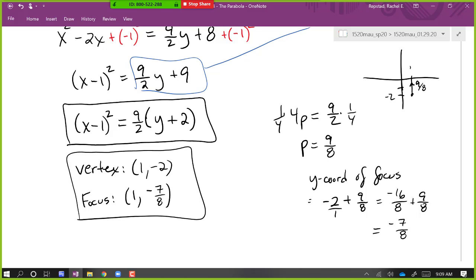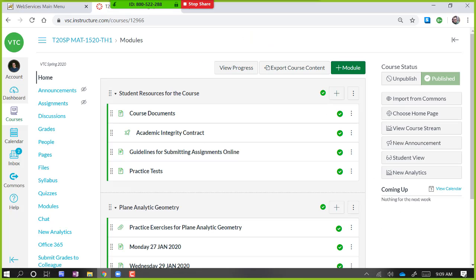Oh, wait, tomorrow's Thursday? Yeah, you know what? I initially thought Monday, Wednesday, Friday, because that's how they put it in my schedule. But I think I could do Monday, Wednesday. I guess it just depends. Do you want your quizzes on Thursdays or Fridays? What do you want to do this week? Well, I guess I'm throwing it out to the class. Do you guys have a preference?